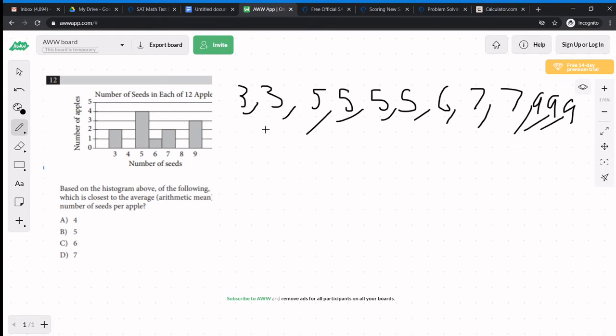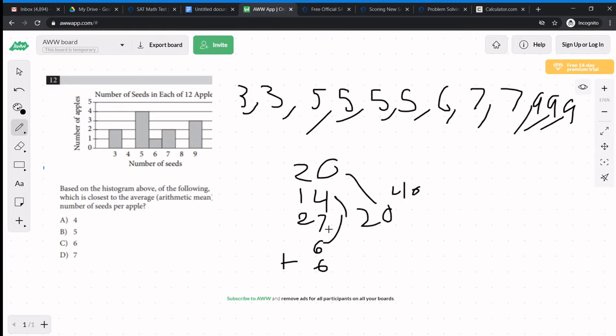So once you get all of these, you add them all up. You get 20, 14, 7, 6, and 6, and 3, you get 73.